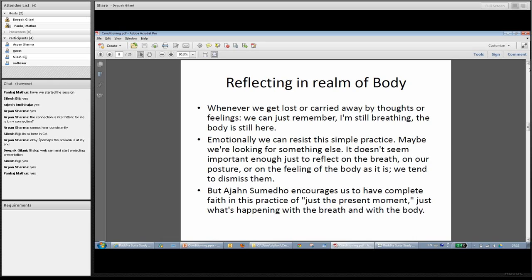And in a very simple way, doing a reflection with our body is to just try to notice our breathing and just try to feel our body.